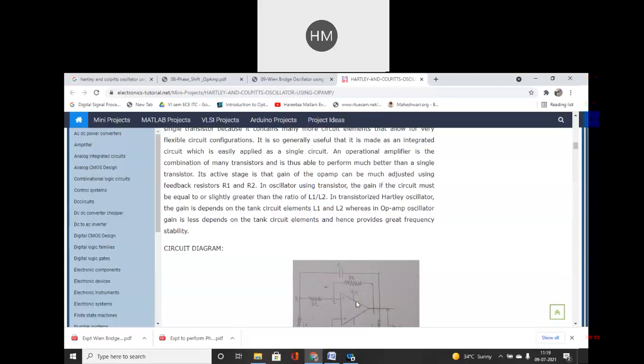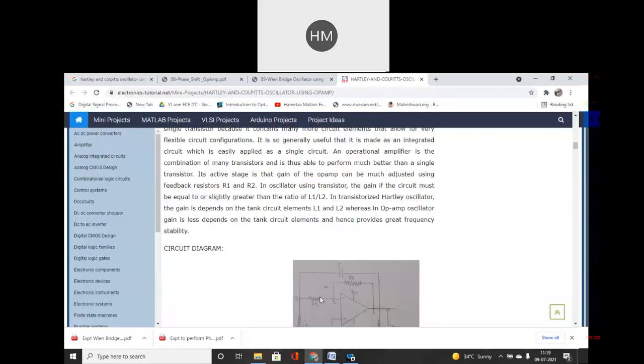Its active stage is that the gain of the operational amplifier can be adjusted using feedback resistors R1 and R2. The operational amplifier uses feedback resistors in inverting mode, but the oscillation is generated by using the L and C combination.